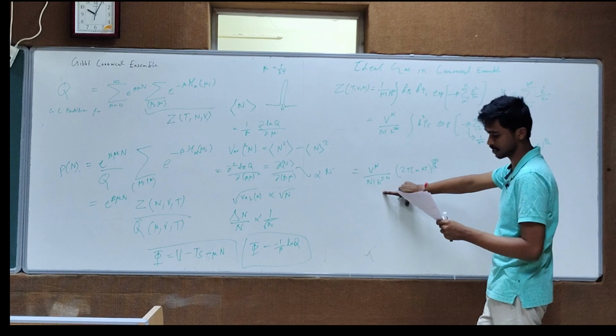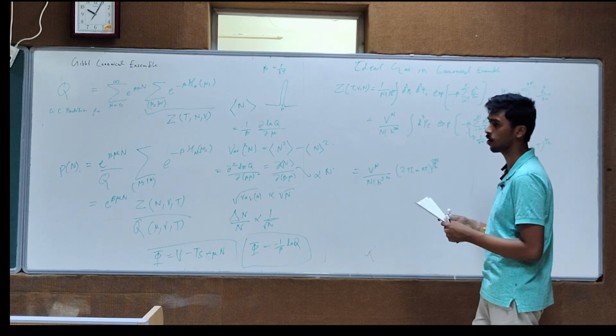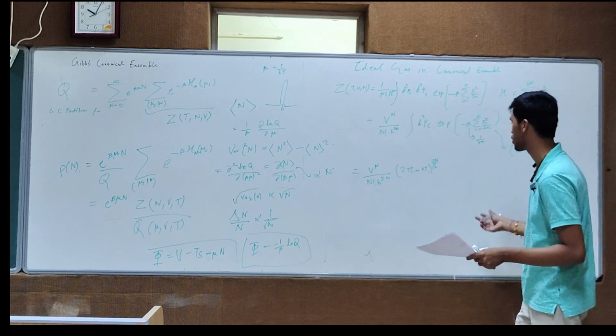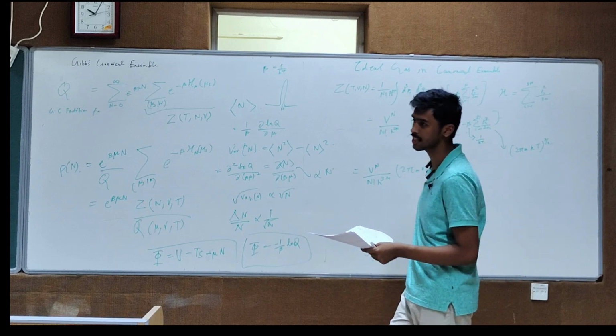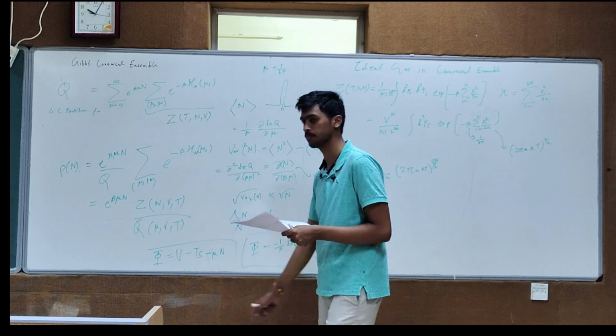So this is your partition function of the gas. Now once you have this, you can calculate all the free energies and so on, and you can try to show that it comes out to be the same as the one we calculated from the microcanonical ensemble.